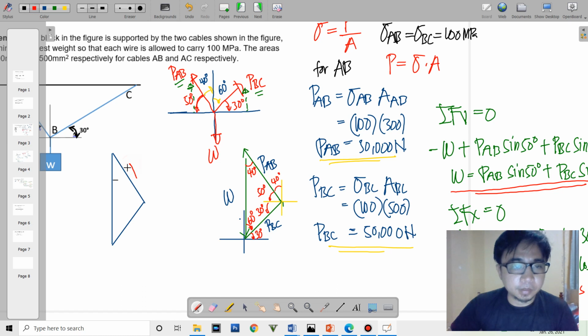Say this is PAB, this is W, this is PBC, 40 degrees, 40. So this is 80 degrees, and this is 60 degrees.